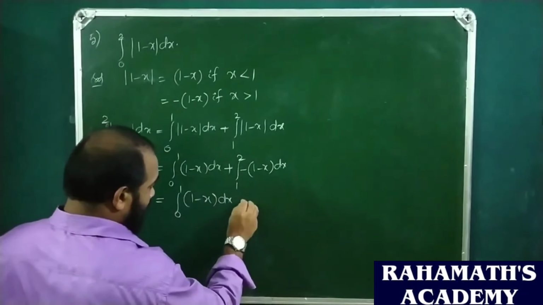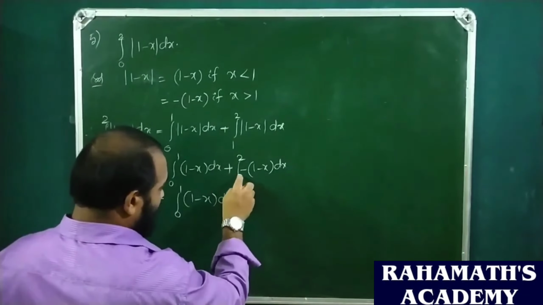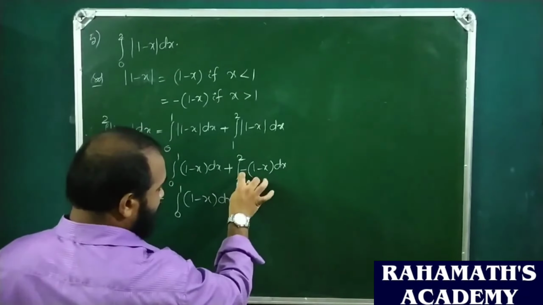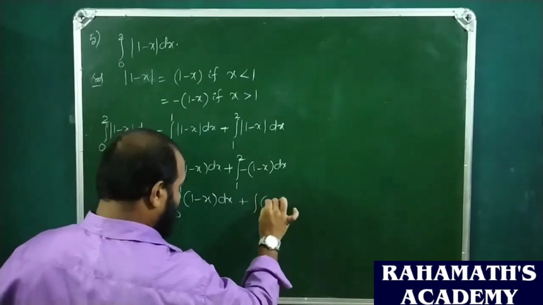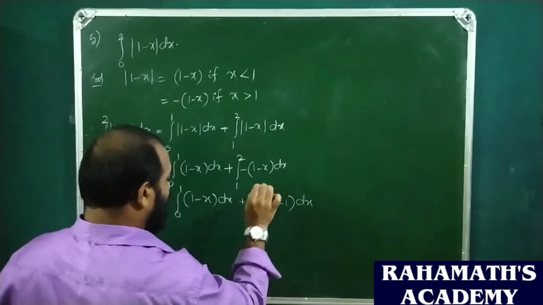Plus, minus into minus is plus, minus into 1 is minus 1. So this is the integral of x minus 1 dx from 1 to 2.